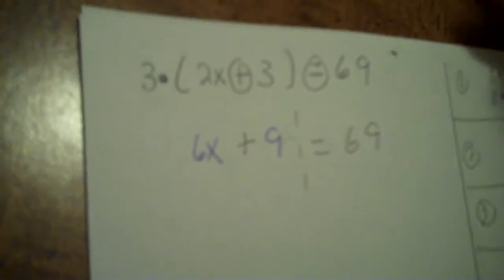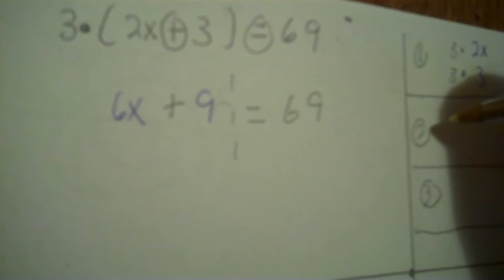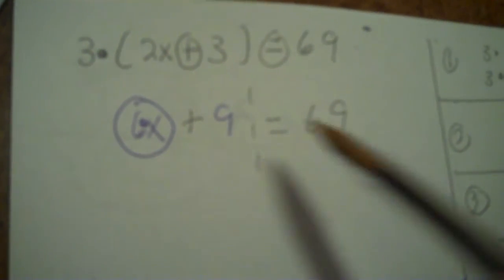Then step 2, okay, you need to put a dot between the 6 and the x and circle it, okay. So plus 9, you're going to minus 9, and then you're going to divide by 6, okay. So minus 9.